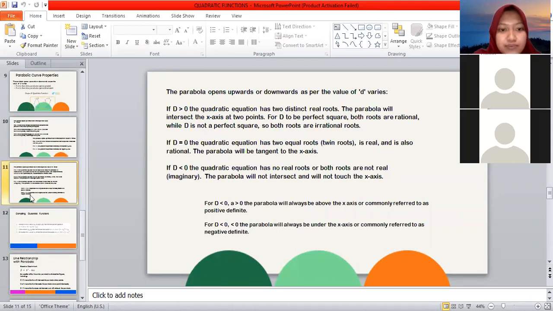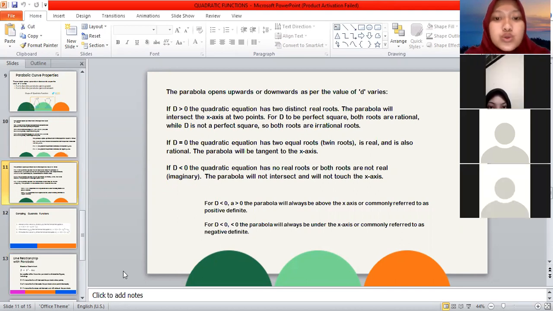Okay, next. The parabola changes as the value of d varies. If d is more than 0, the quadratic equation has two distinct real roots. The parabola will intersect the x-axis at 2 points. If d is a perfect square, both roots are rational, while if d is not a perfect square, both roots are irrational.